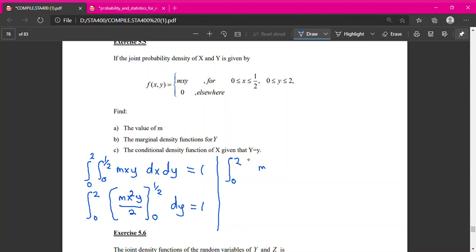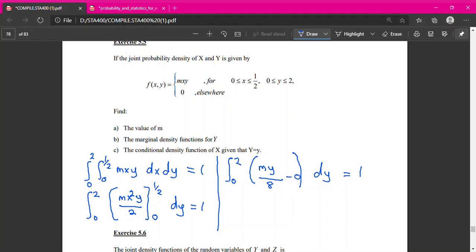So m divide dengan 8. Right? And then bila replace 0, it will be 0. So minus dengan 0 dy equal to 1. So this part kita dah selesai untuk integration with respect to x.